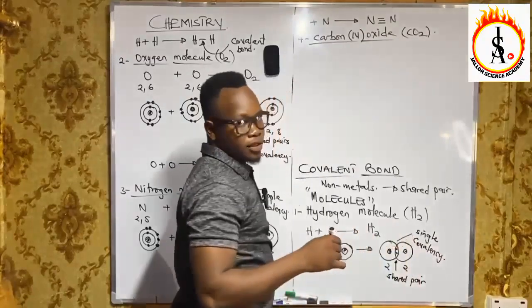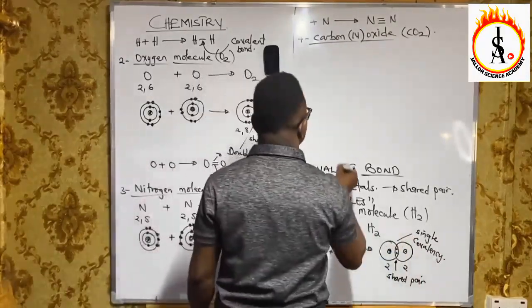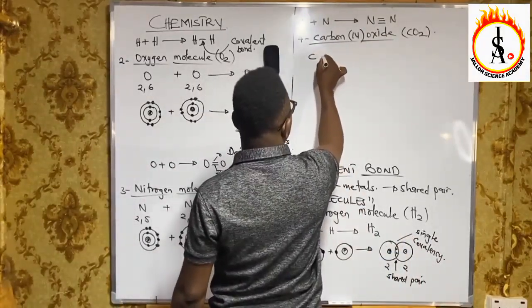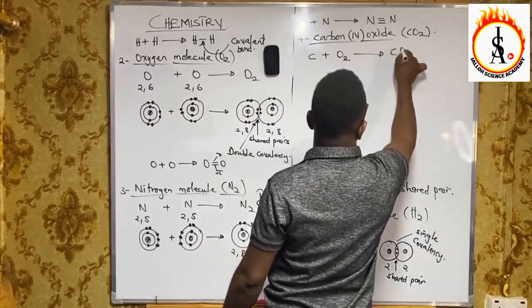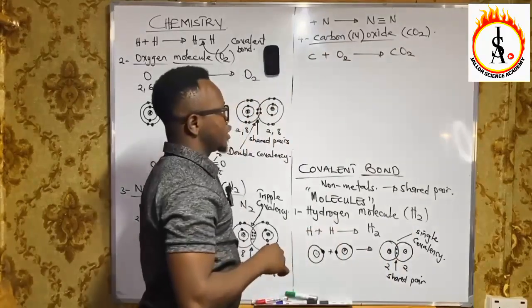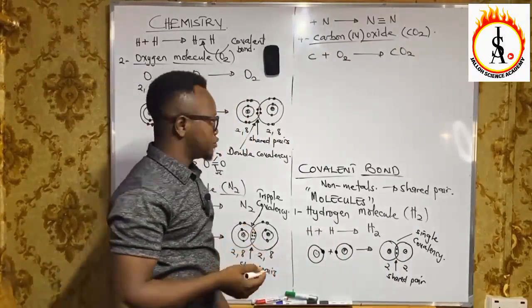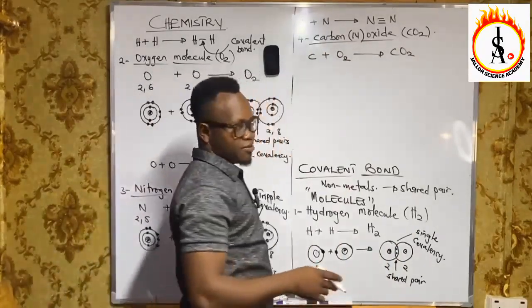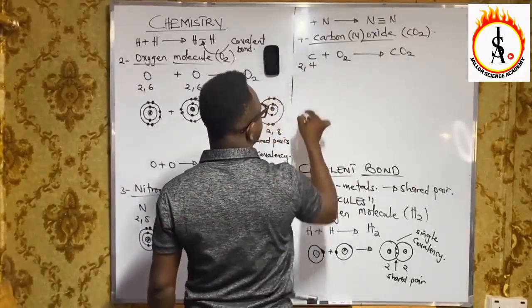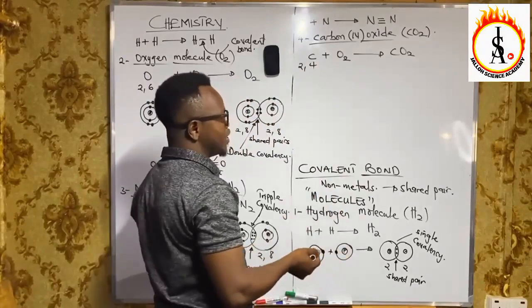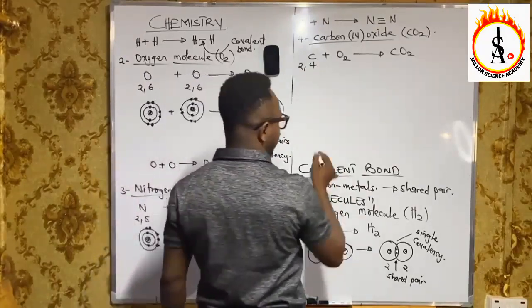Also a molecule. Carbon 4 oxide is formed when carbon reacts with oxygen. It gives us CO2. Now, how is this bond formed? In carbon, carbon has 6 electrons, 2 core electrons, and 4 valency electrons.